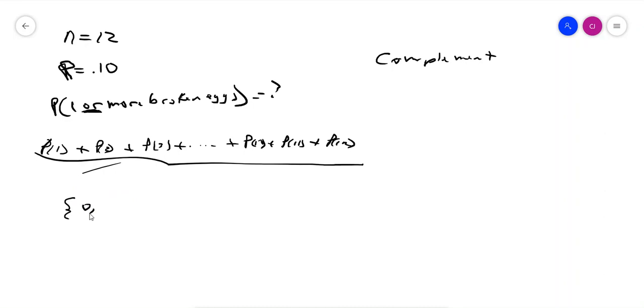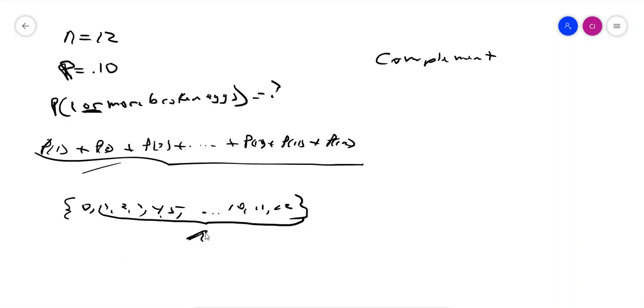Well, 0 or 1 or 2 or 3 or 4 or 5 or 10 or 11 or 12, right? Now, this problem, I'm taking 1 to 12. We've got to put those all together. So I've got to take all these, right? We'll call that A. That's A. Probabilities of all from 1 to 12.